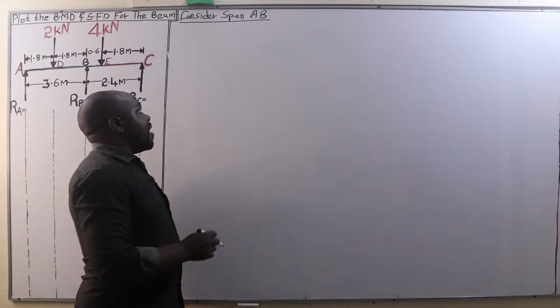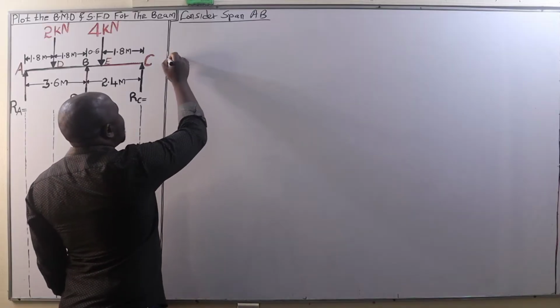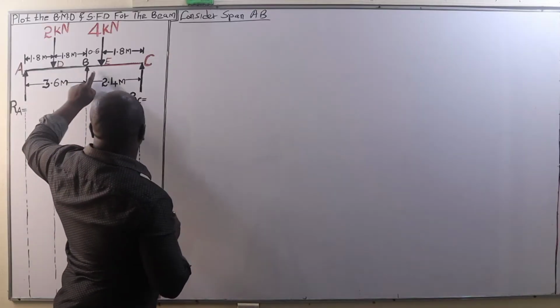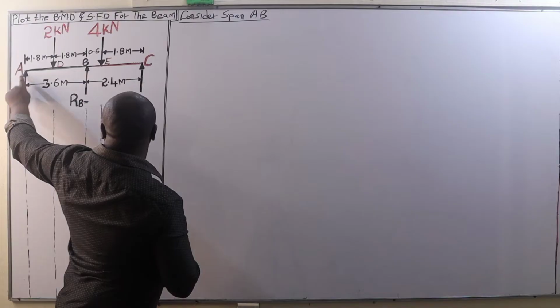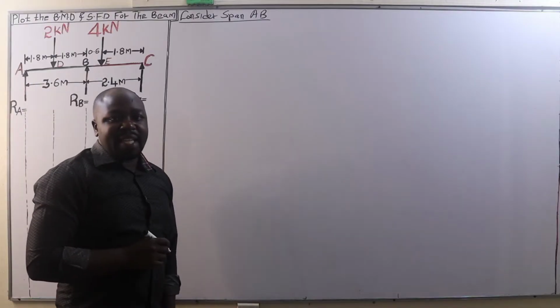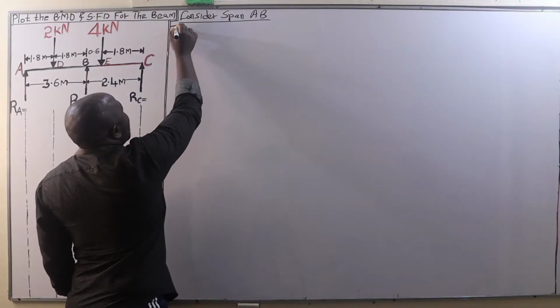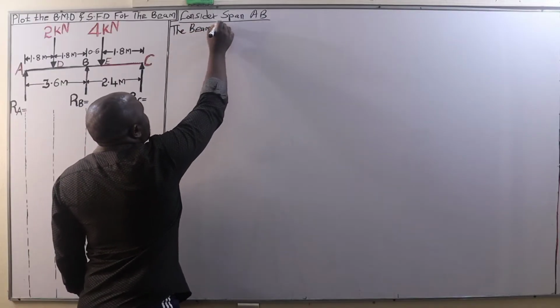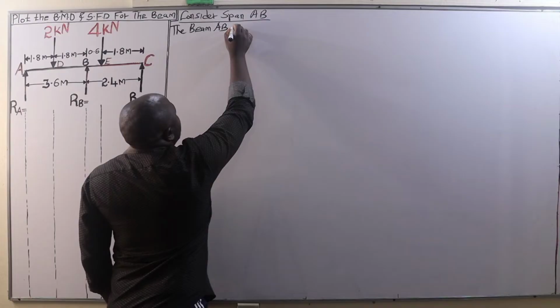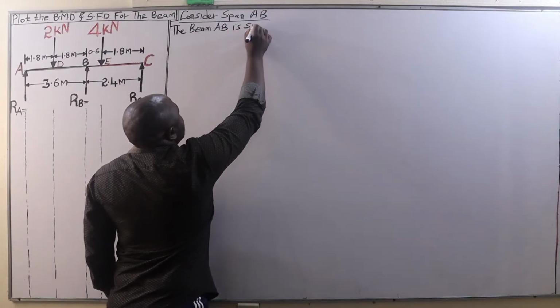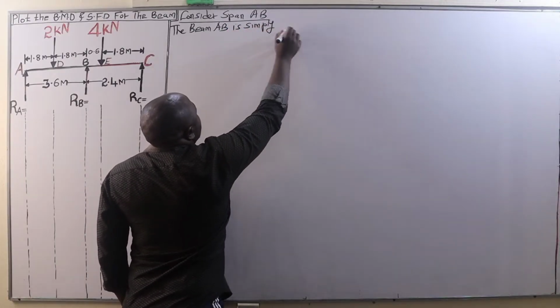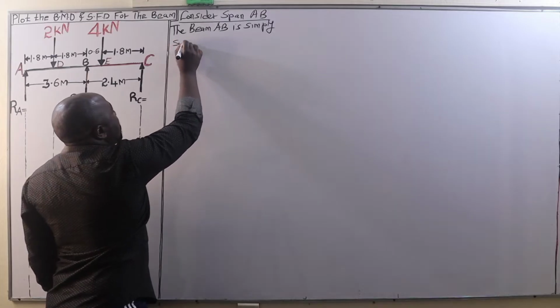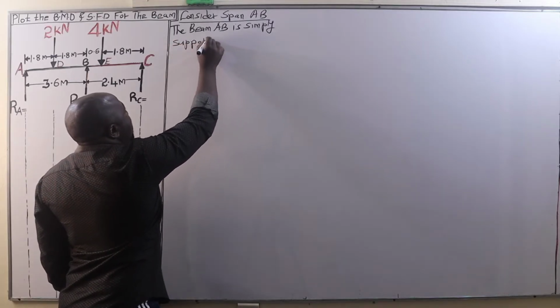If we consider span AB, you will find that the beam AB is simply supported.